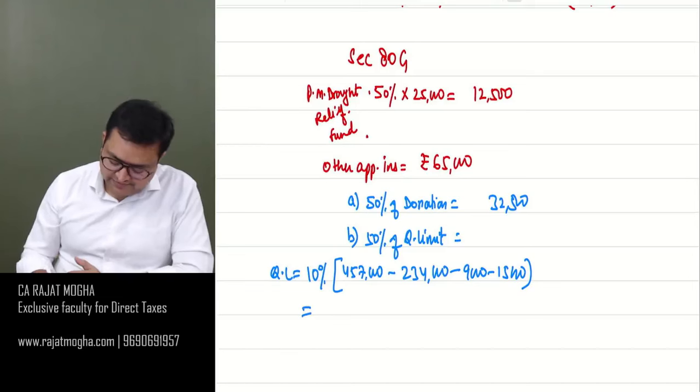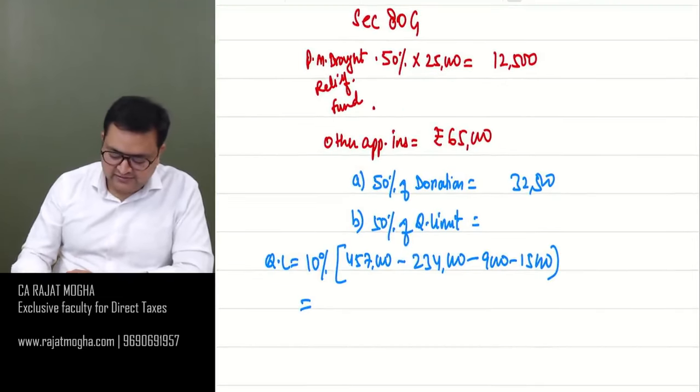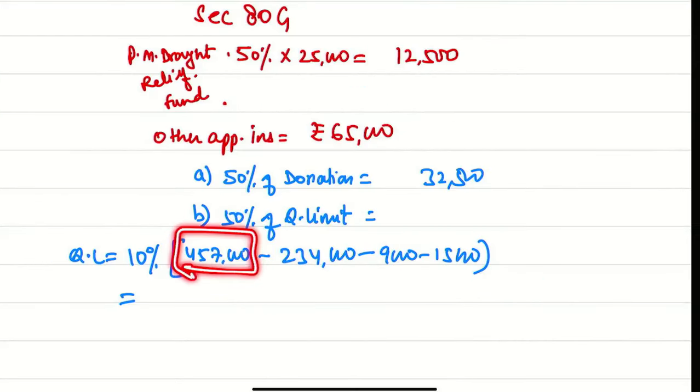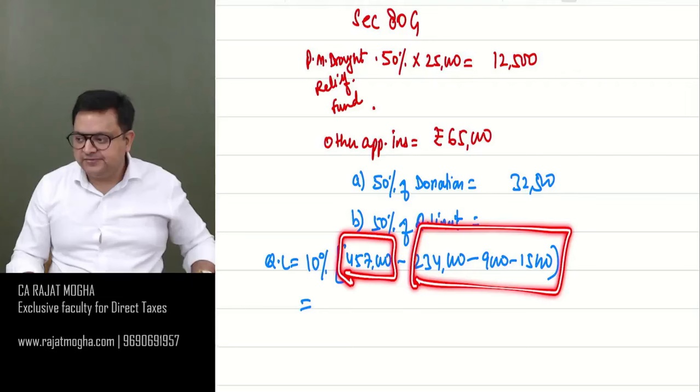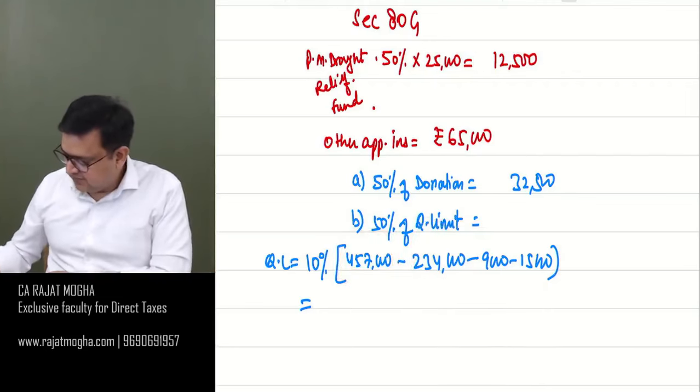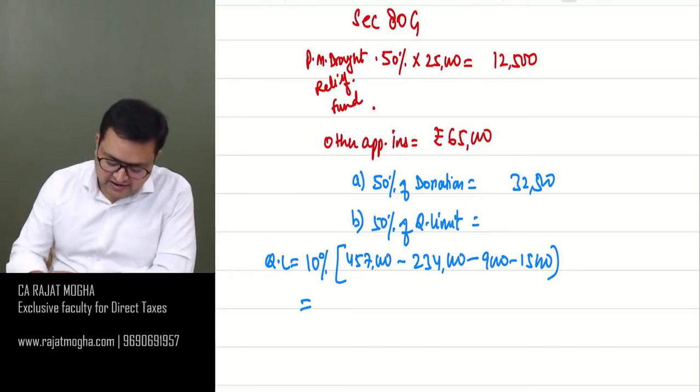Tell me, how much is my adjusted GTI? GTI minus 111A, 112A, 112, which we don't have, minus all deductions from 80C to 80U except 80G. So it is 4,57,000 minus 234 minus 9 minus 15, which is 1,99,000.